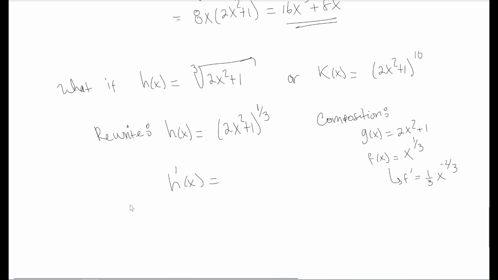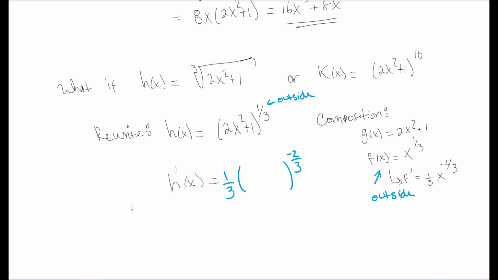So we're going to take the outside function again. This is my outside function. So it's going to be 1/3 times the inside left alone to the negative 2/3.